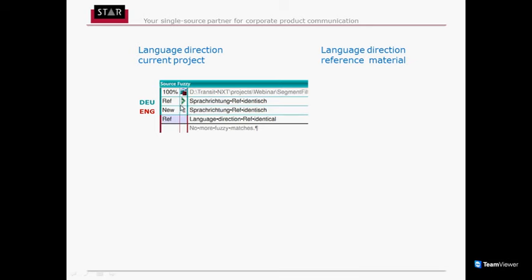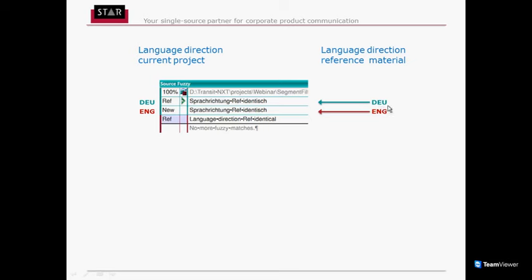This little symbol is new in Service Pack 8. This symbol indicates the language direction of the reference material. And this means that the language direction was identical to the language direction of the current project.